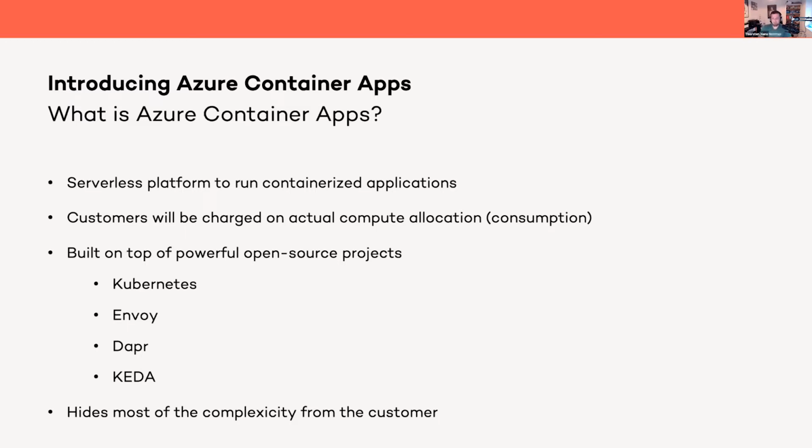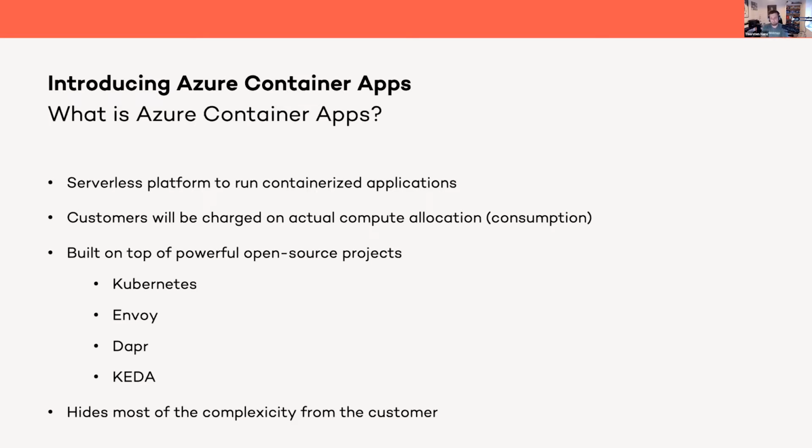The good thing is, although it's a fully managed serverless service, it's not homegrown, let's say. Microsoft built Azure Container Apps on powerful open source projects. Obviously Kubernetes, they were leveraging Azure Kubernetes Service under the hood. Then there is Envoy.